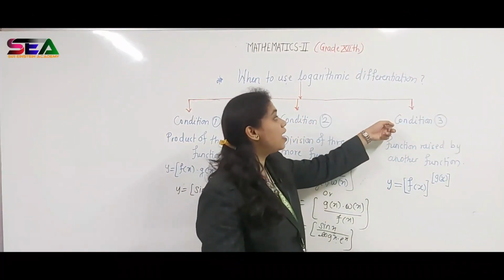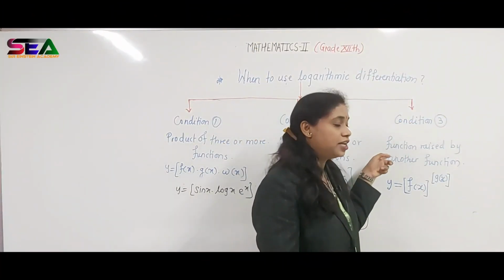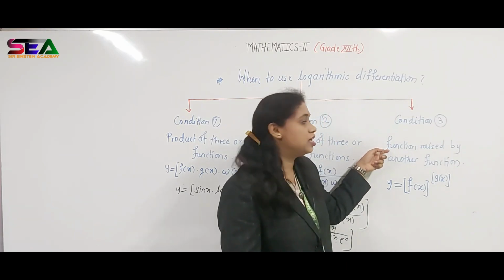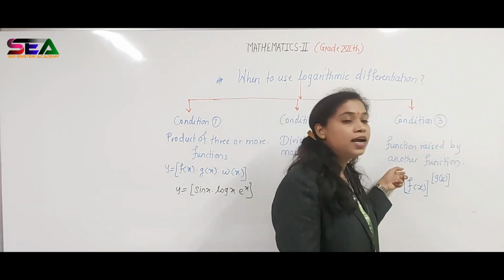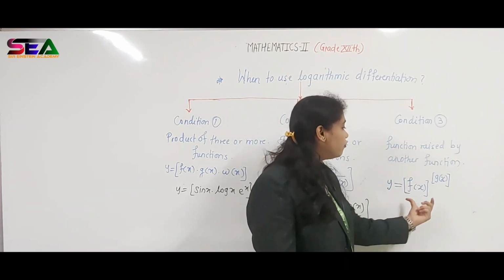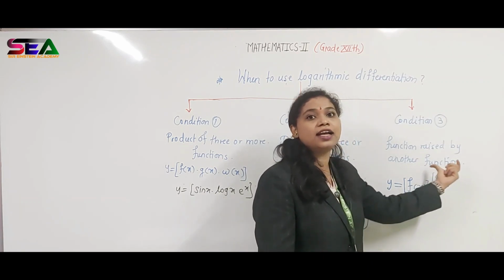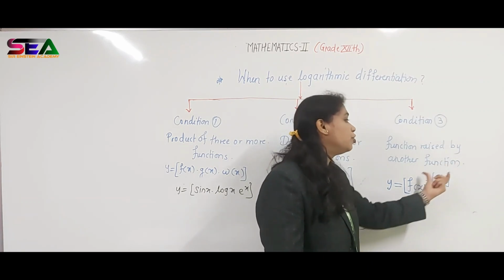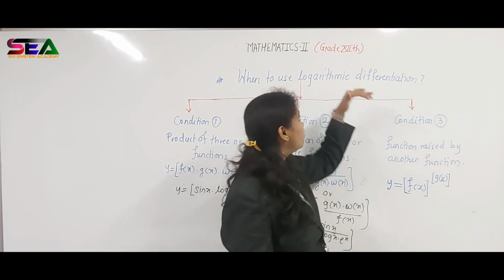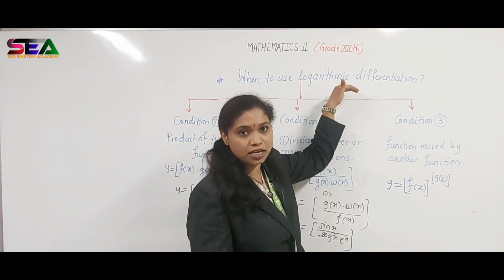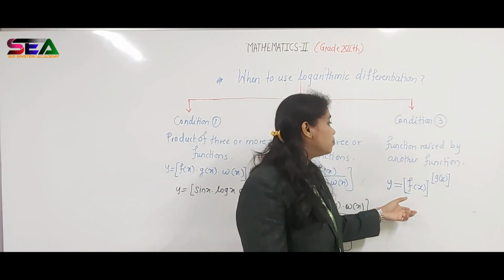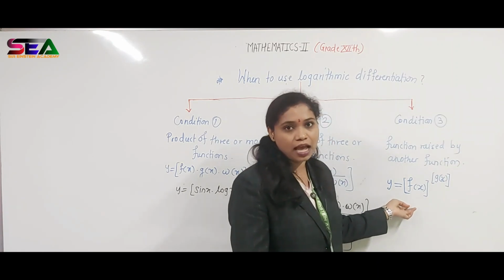Okay. Now our last condition is condition 3, and a very important condition: when a function is raised by another function. I have one function f(x) and another function g(x) as an exponent of it. Then I compulsorily have to use logarithmic differentiation, and in that the exponent rule of logarithm is applicable.